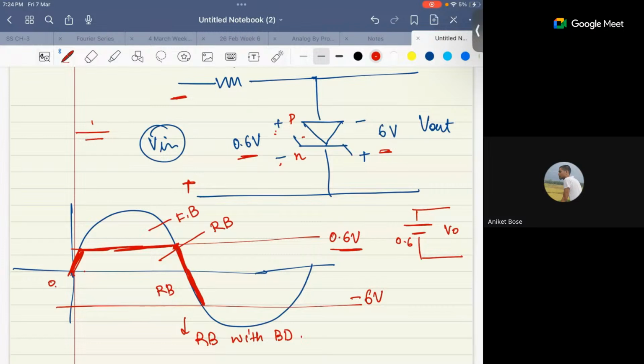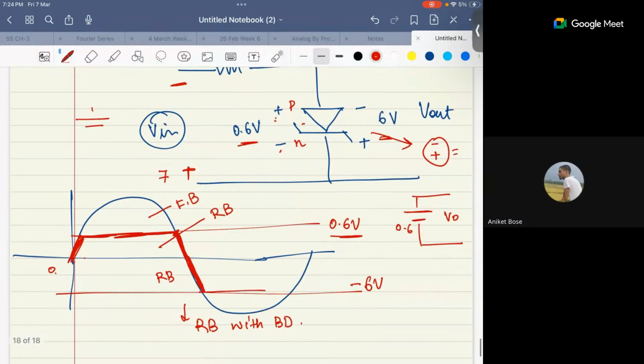As it crosses 6 volt, that means less than minus 6 volt, let's say 7 volt, the potential across the Zener diode is more than 6 volt. This will get replaced with a voltage source of 6 volt, so V output will be minus 6 volt. Correct? So this will be like this.